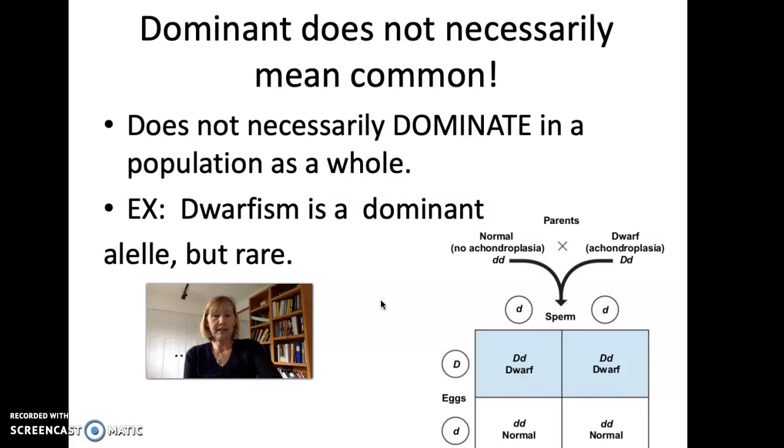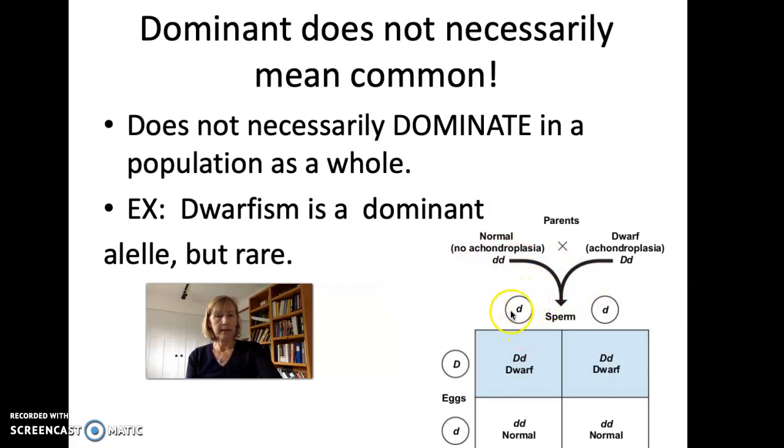But if it's a trait that doesn't affect anything, it's not going to become more prevalent in a population. So don't confuse dominant with common. Something can be dominant and not very common at all. Okay, this is an example here of dwarfism.